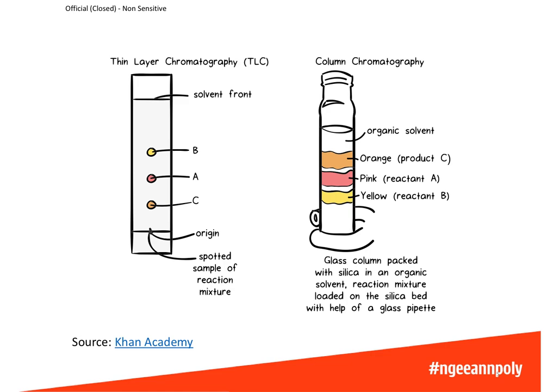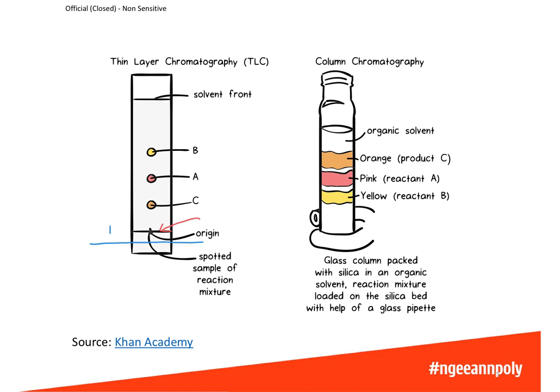Let's look at thin layer chromatography first. In thin layer chromatography, the stationary phase is a thin layer of plastic or aluminum or glass which is sprayed with silica. The sample is spotted onto the origin, which is over here. The stationary phase is then dipped into a mobile phase which contains organic solvents.